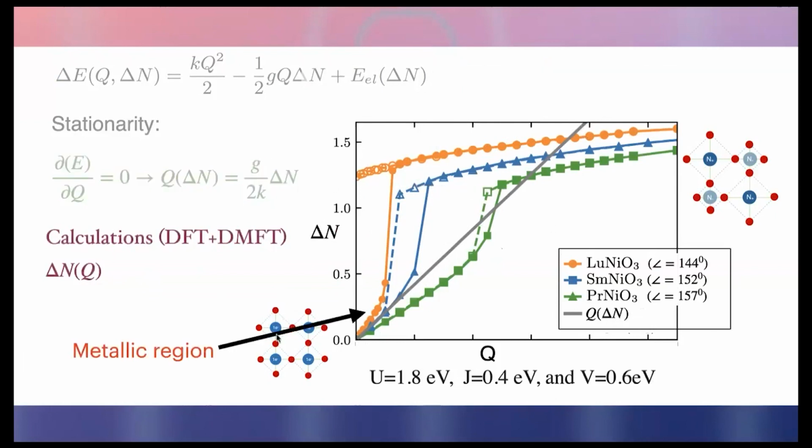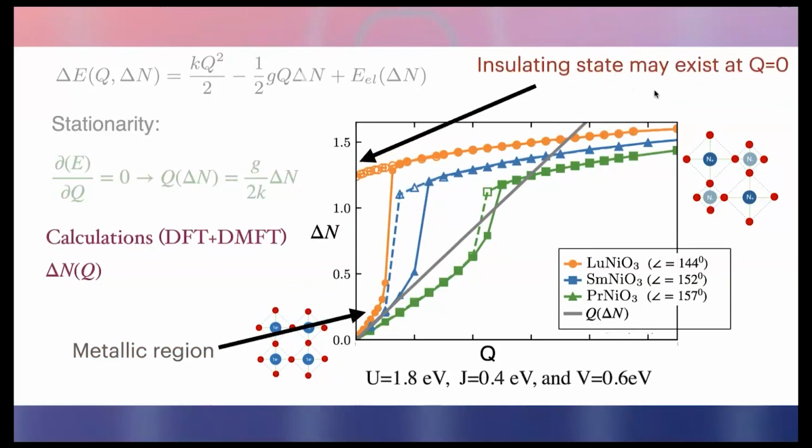It's a line. And for the electronic part, for small Q, small delta n, you have a metallic region. And at some point, you have an insulating symmetry broken solution with a large delta n. And interestingly, in some materials like the lutetium nickelate, it looks like there may be an insulating state without any structural disproportionation, right? So Q of 0, and you have this very large delta n here.